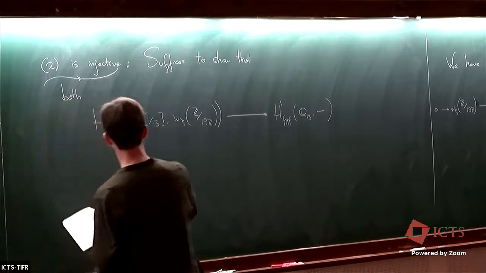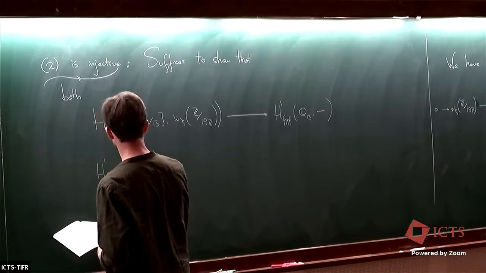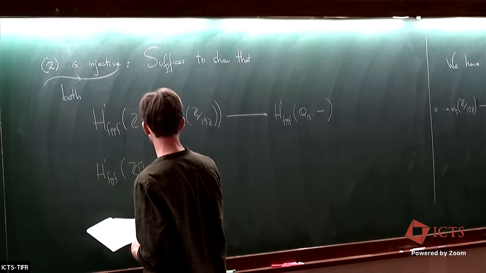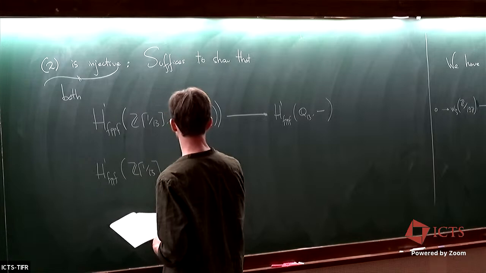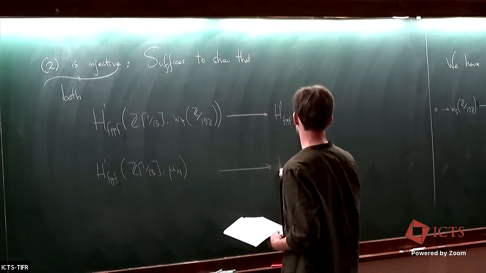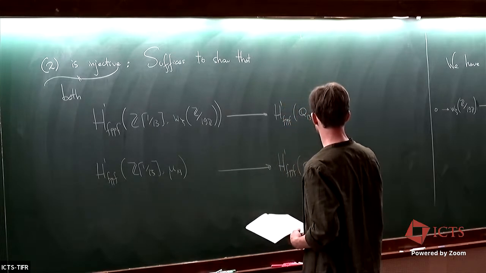And well, I guess I'll write it. So this is Z[1/13] with coefficients in U19 going to the flat cohomology of Q13.